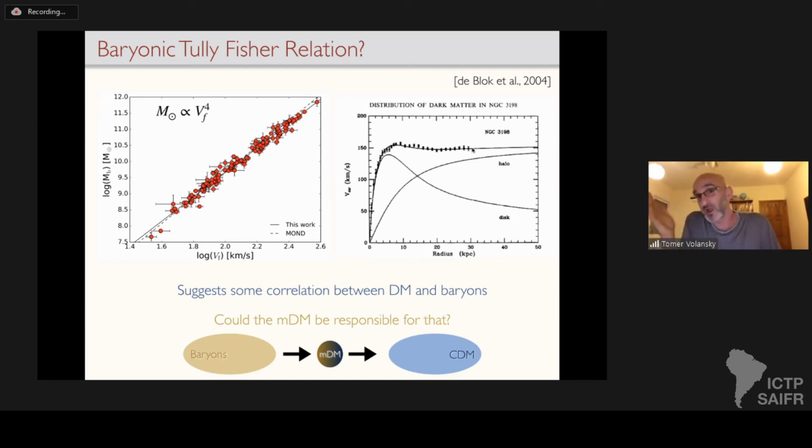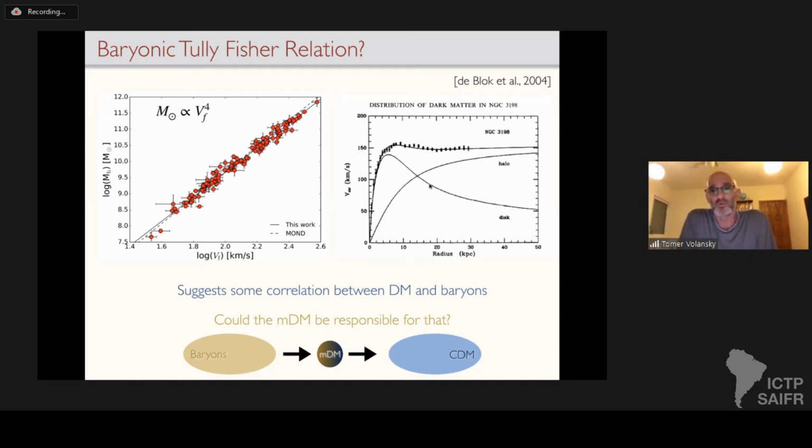Now this is crazy, and it's a really surprising result, because according to standard theories, the velocities at the edge of our galaxy should not know about the baryonic matter in the center, because you're completely dominated by the dark matter halo. So what it suggests maybe is some correlation between the dark matter and the baryons. And you need strong correlation at some point.